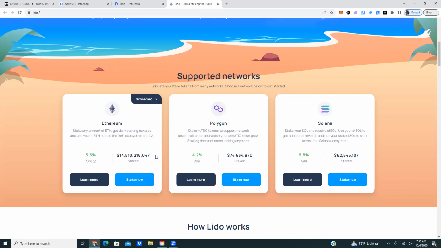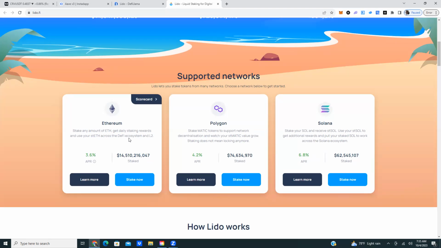Now, I want you to pay attention to what they're talking about when they say that they're giving you these rewards and how you can use those rewards to receive more rewards. So check this out. Ethereum: stake any amount of ETH, get daily staking rewards, and use your stETH across the DeFi ecosystem in layer 2.